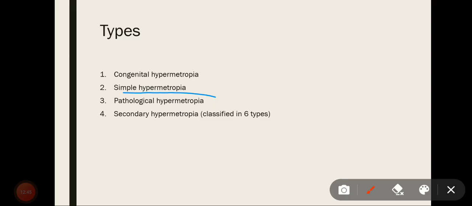Next we dive into pathological hypermetropia. Pathological hypermetropia occurs due to atypical abnormal development of the eye. The conditions include microphthalmos.